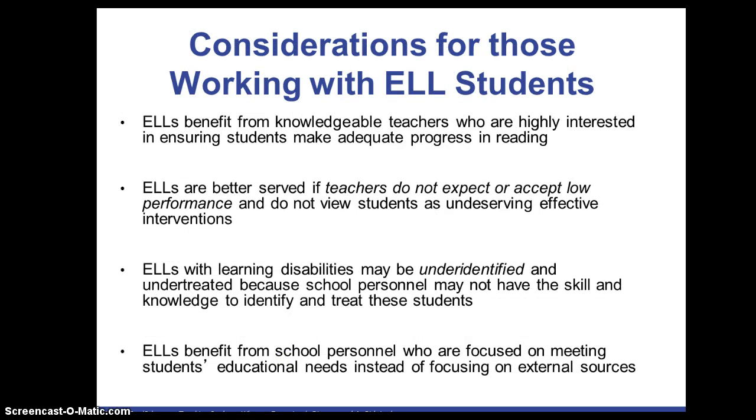We want to make sure for kids who English is their second language that we target reading, that we don't accept low performance, that we continue to monitor their progress.